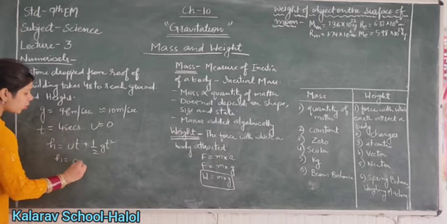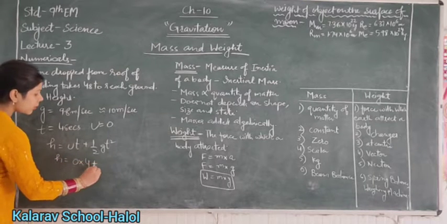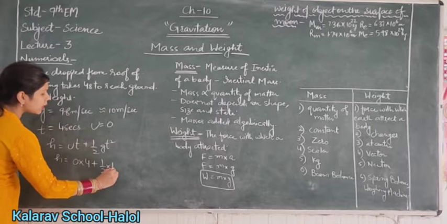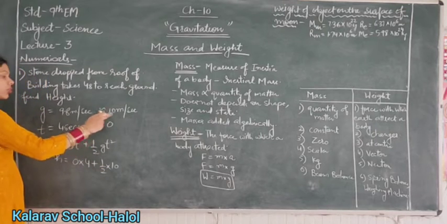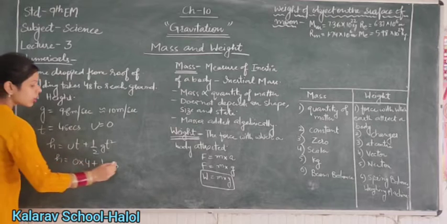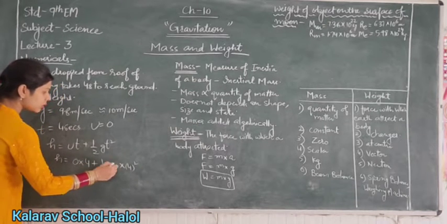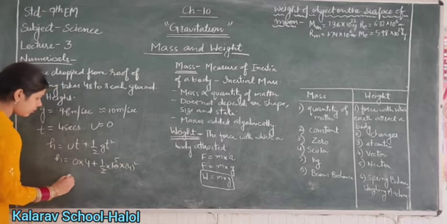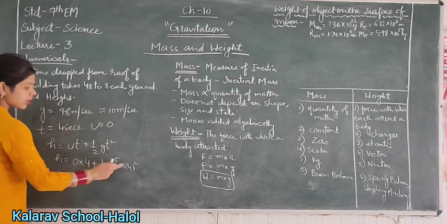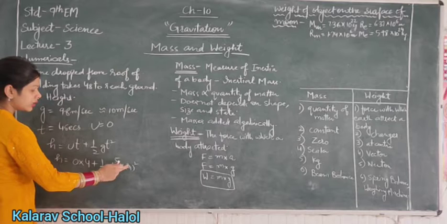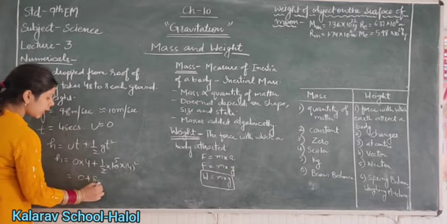So u is 0, plus 1 by 2 times g; I will take it as 10 for convenience. You can also use 9.8. Then t square is 4 square. So 2 is cancelled with 10, it is 5. So it is 0 plus 16 into 5, 80.